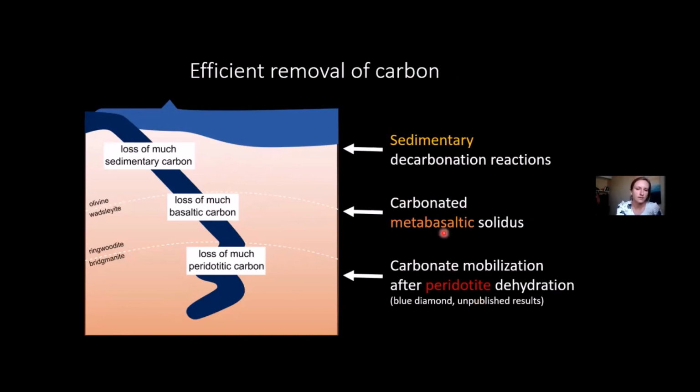However, even these lithologies will eventually release their carbon, with basalt releasing its carbon in the transition zone, and we have some data that suggests that even the peridotitic portion of the slab will release its carbon in the uppermost lower mantle after this final stage of slab dehydration.